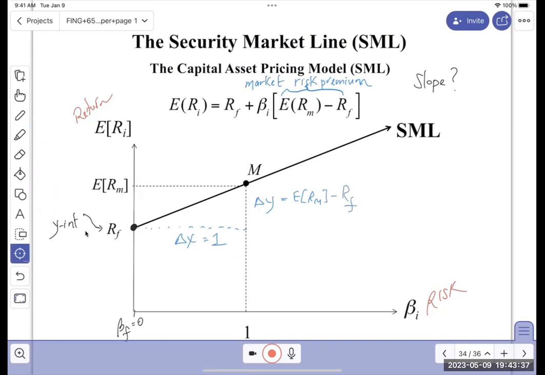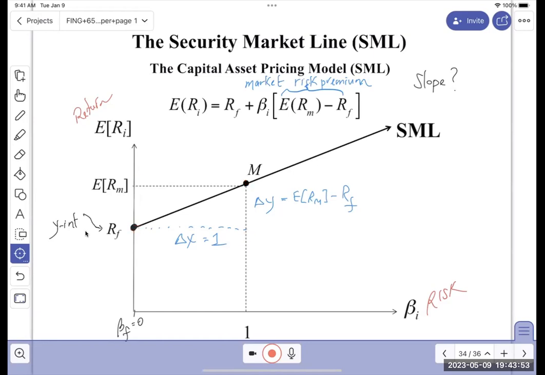So if I'm going to go from here to here, I move 1 over, that's true.